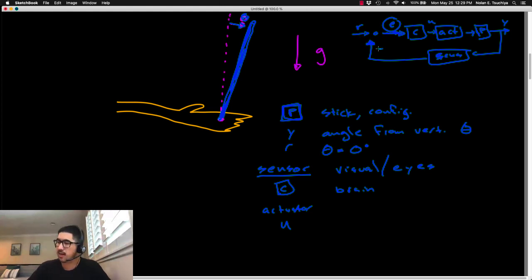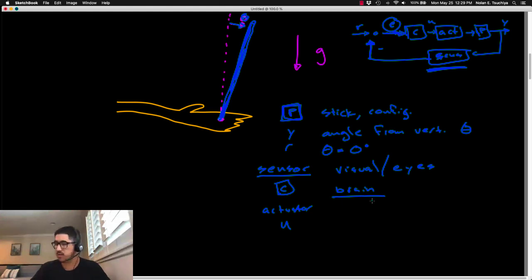And I only get the Y measurement through the sensor, so that visual feedback is what allows the error signal to be constructed. The error signal is then processed by the controller, which in this case is the brain, and the brain will then send a control command to the actuator.